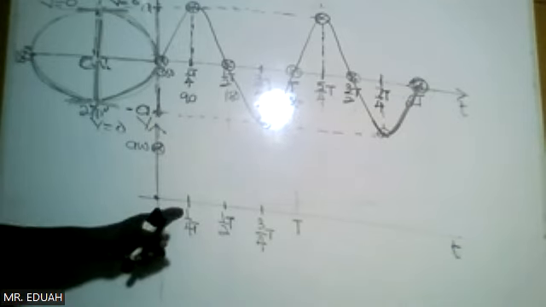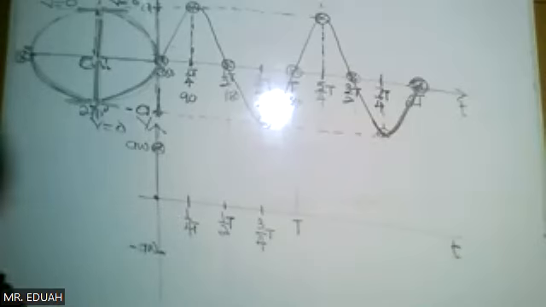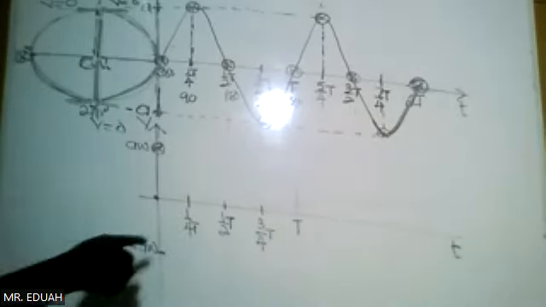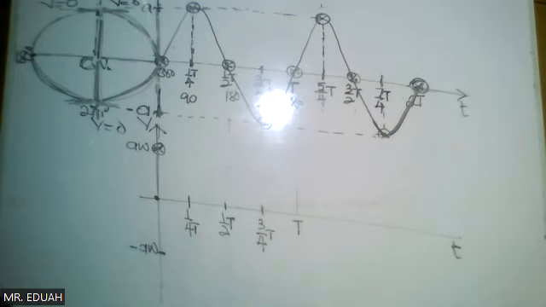What did we get for velocity at t is equal to quarter period? Hilda, what did we get for velocity here? You've forgotten.